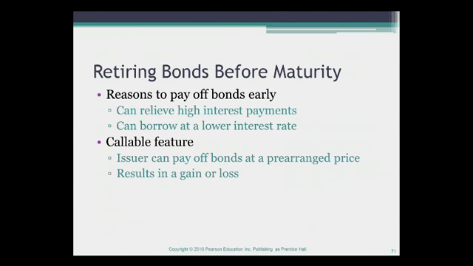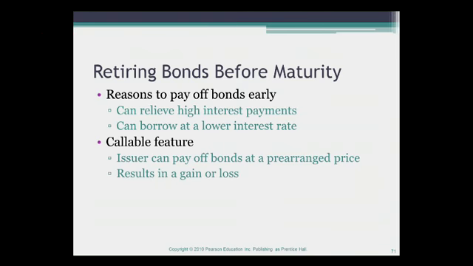That might be better for the company to pay $101,000 for this bond and kind of save that interest between the 5 and the 9%. Whenever a company retires a bond before maturity, if they retire it at an amount less than or more than the carrying value, they're going to record a gain or a loss.